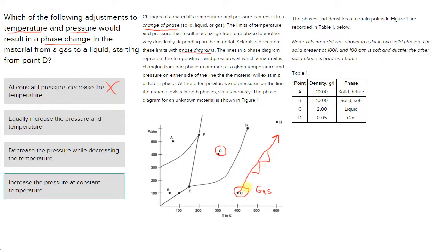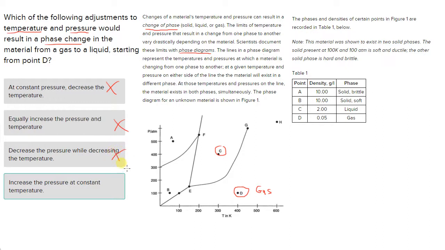We would just be making this trend up and to the right, which would keep us in this gaseous area, in this gaseous phase, and would not transfer us over to a liquid. So we know that's not what we're looking for. Decrease the pressure while decreasing the temperature would be exactly the opposite, pulling us this way on the chart, which is not what we're looking for.